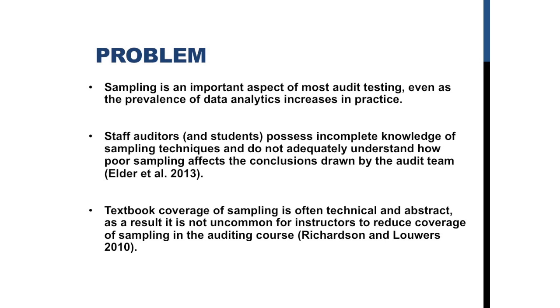Because sampling is a difficult topic, textbook coverage of sampling is often very technical and very abstract. So auditing as a theoretical subject matter is very qualitative, which might surprise many people because it sits in the accounting department.